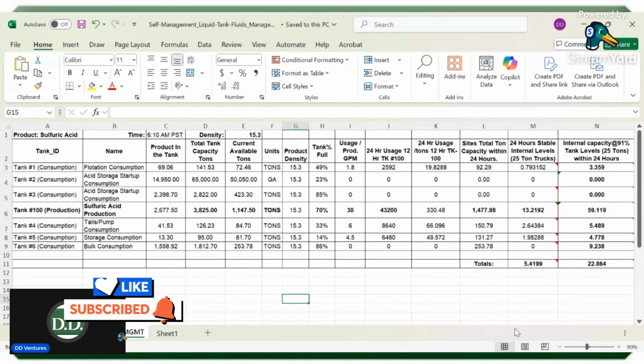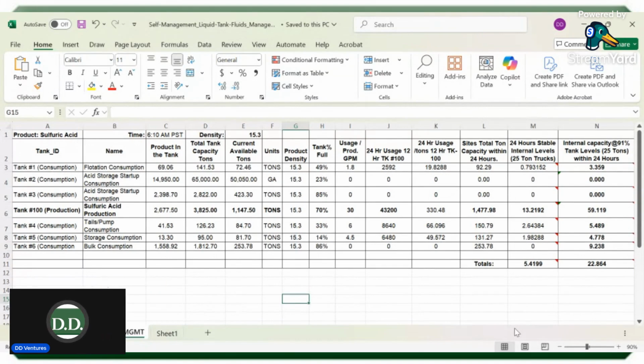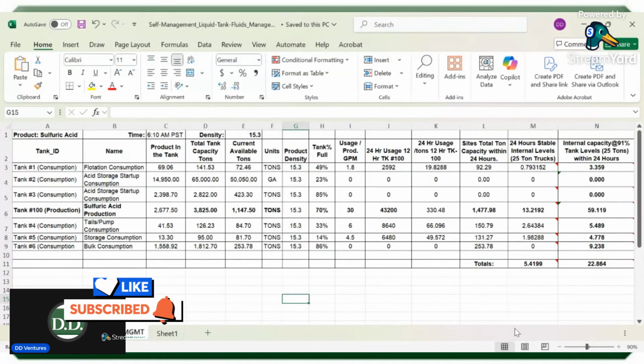The way I would get that is I would call the site manager to get what their projected gallons per minute throughout the next 24 hours would be to plug into this calculation. I would do this on a 24-hour basis. I'd also ask them what their current tank level was, so I'd input those numbers.